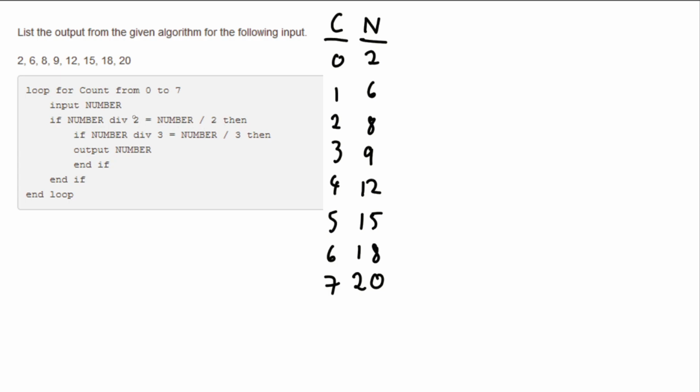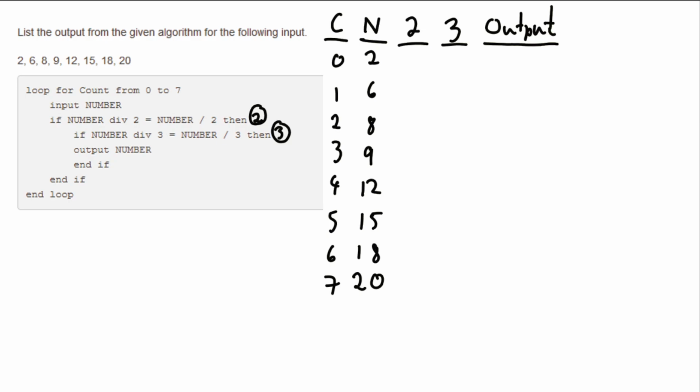So since we're dividing by 2, I'm just going to label this as 2 and then put 2 here as another column. Then we do the same thing as this line up here, except we do it with 3. So I'm going to again label that 3 and then create a new column here, 3. And then we have our output here. So output will be its own column as well.